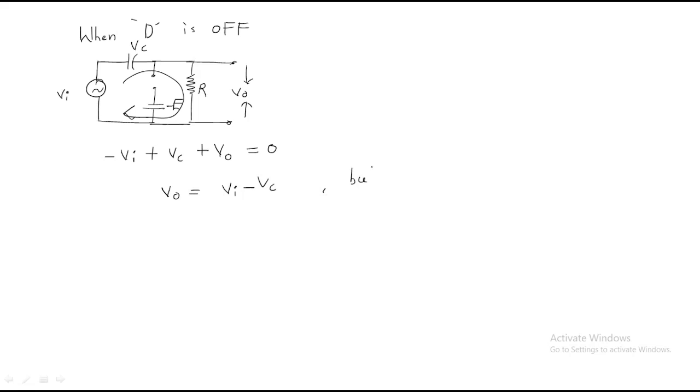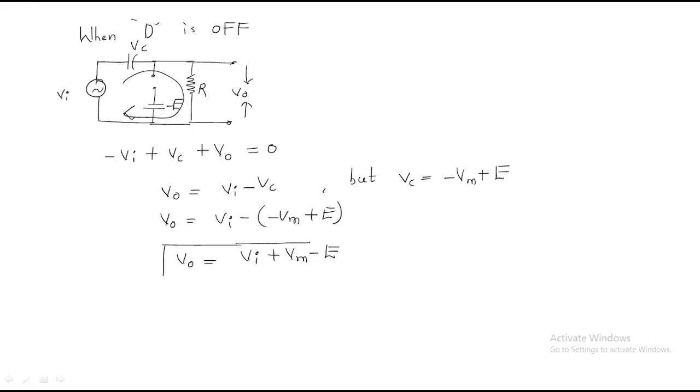But we know that Vc equals minus Vm plus E. So simply substitute this, and the output voltage will become V0 equal to Vi plus Vm minus E.